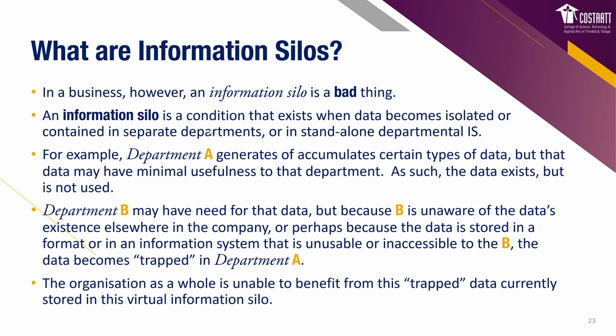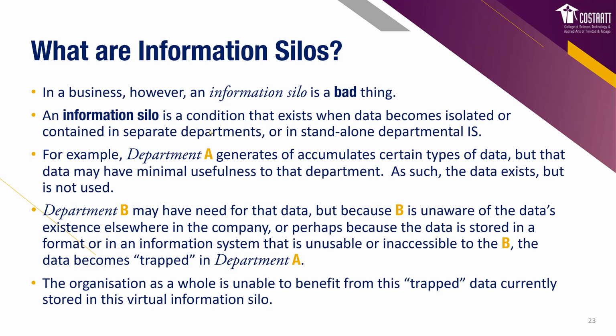Department B may have need for that data, but because B is unaware of that data's existence somewhere else in the company, or perhaps because the data is stored in a format or in an information system or software that is unusable or inaccessible to Department B, that data becomes trapped in Department A. And Department B just simply cannot use it.